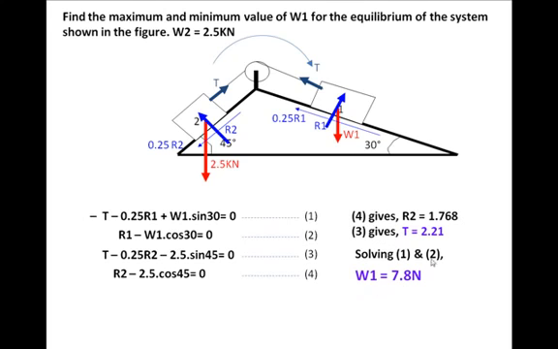So I think it will be 7.8 kilonewtons. Kilonewton. This needs to be corrected to not newtons but kilonewtons, and that will be the maximum value of W. So please note this correction. Kilonewton it should be. Okay. Thank you.